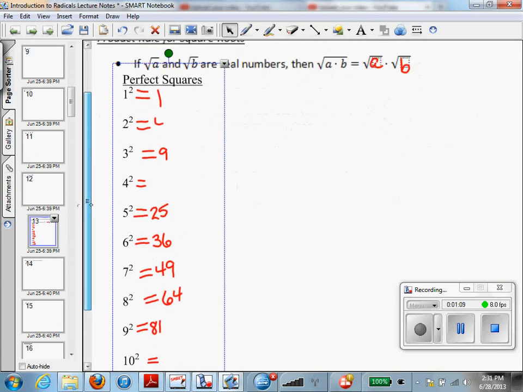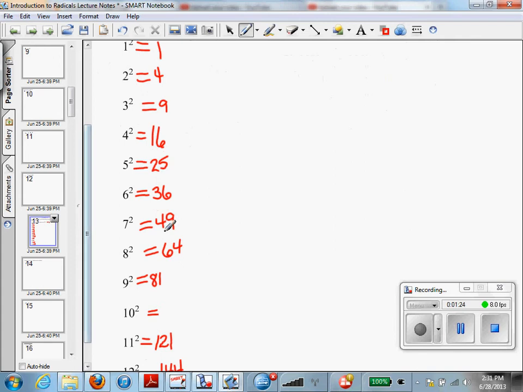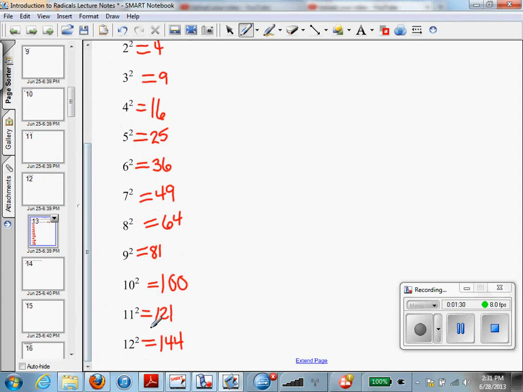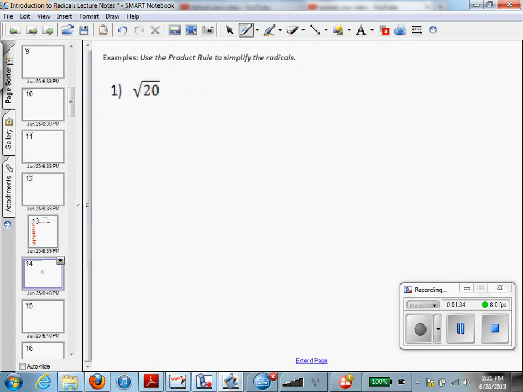Okay, the numbers that we need to be looking for are 1, 4, 9, 16, 25, 36, 49, 64, 81, 100, and 144 inside the radicals.